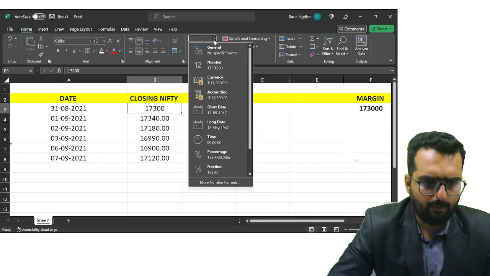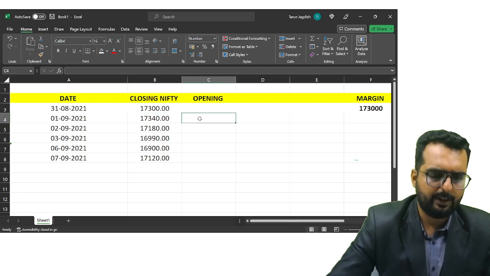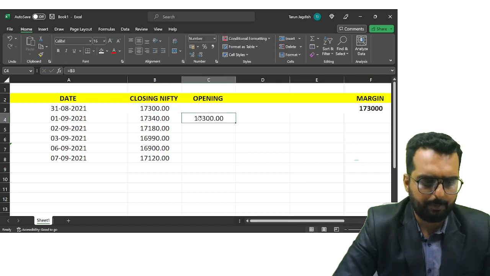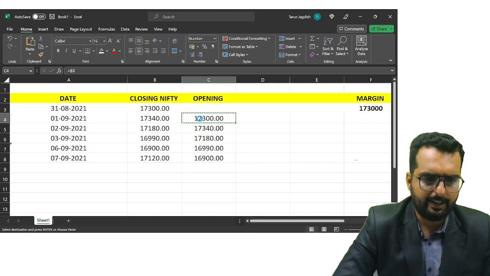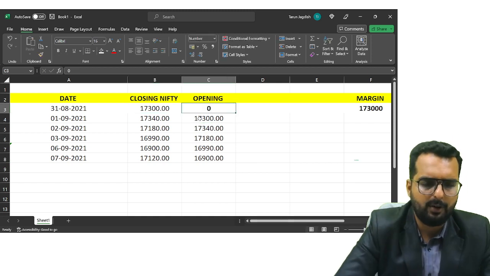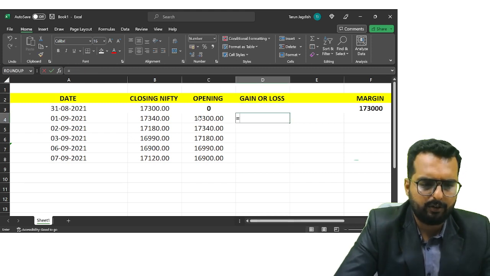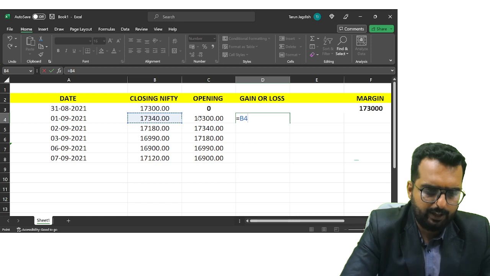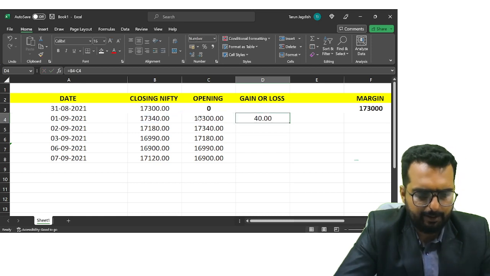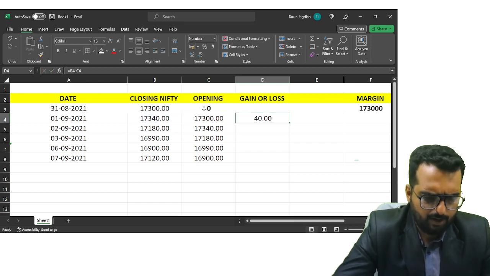So this is where we start off with. Correct? Next day, what is the value? It is 17,340. On that date, this will become the opening. Like that, every day, the next day previous figure will become the opening. From this, can I find out the gain or loss? Okay. So how much will be the gain or loss in the first date? 17,340 minus 17,300. I make a gain of 40 rupees if I am not wrong. Correct?